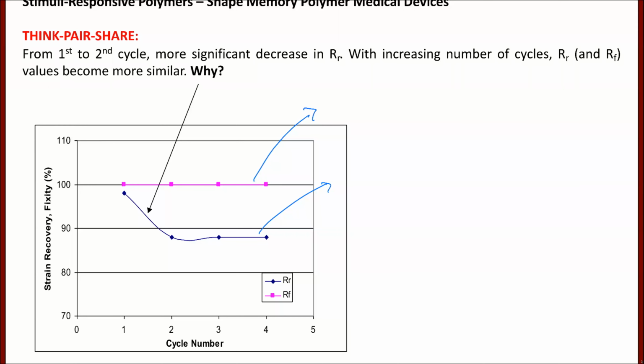So what could happen during the first cycle? If we think we've just made the polymer, we've got it into the shape that we want, or a permanent shape that we want, as we start to stretch those things out, what can you imagine is happening internally?